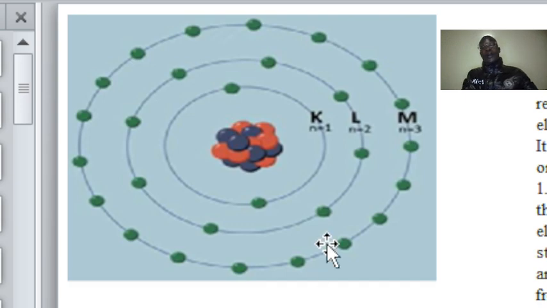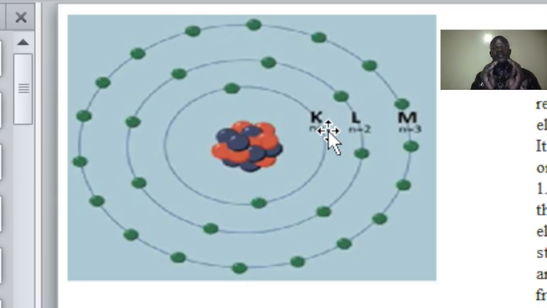Now, as electrons orbit around the nucleus, they are held by a strong force called binding energy. Binding energy is the energy required to release an electron from an atom. It fundamentally depends on two factors. The first factor is the proximity of the electron, that is, of the principal quantum number, to the nucleus.